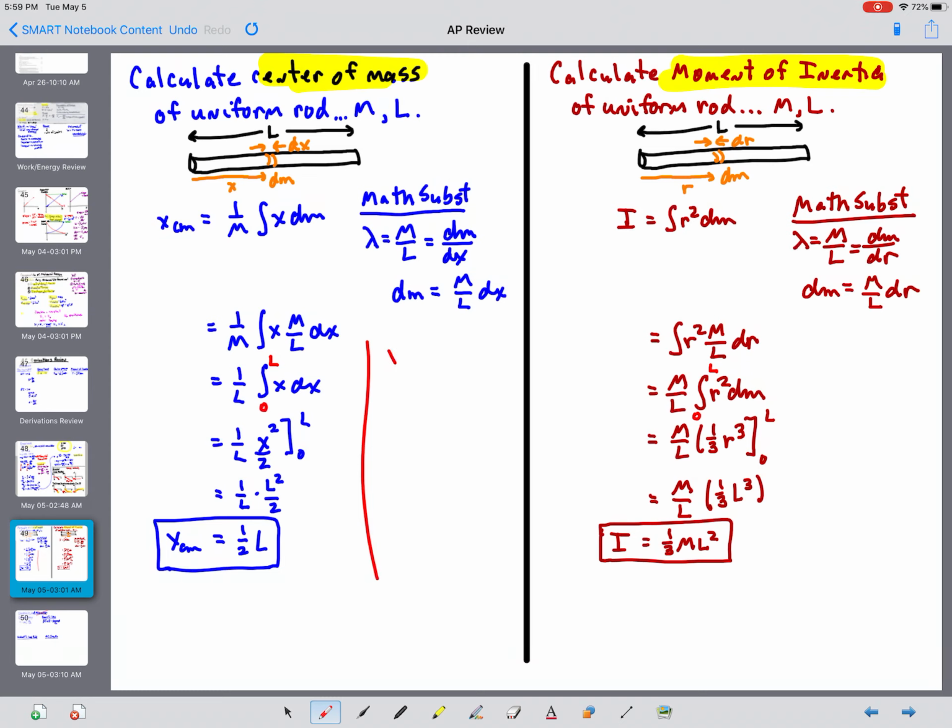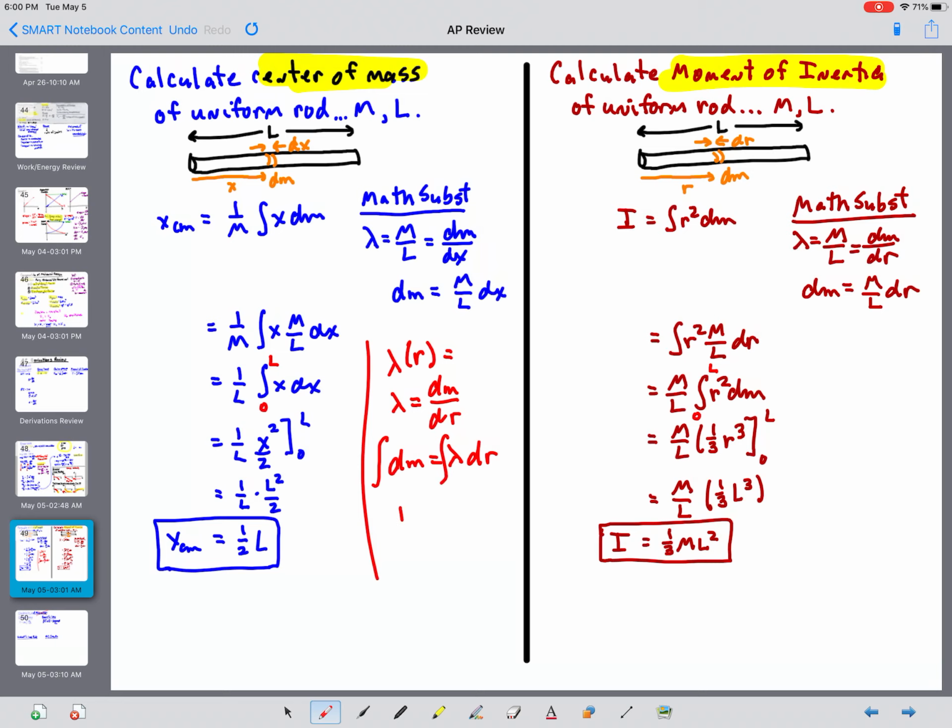Now, if your rod is not uniform, then typically what you're going to have is some type of equation that describes that mass density. And so you would have maybe a lambda of r equation. And so then in that case, when you use lambda, you would skip the mass over length and go to a dm over dr, because I wrote that above, and then dm would be lambda dr. And then you can do a substitution.